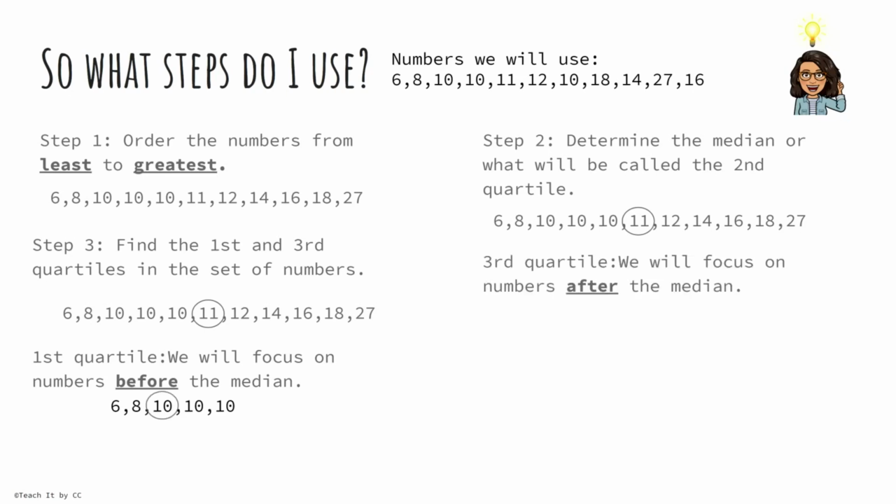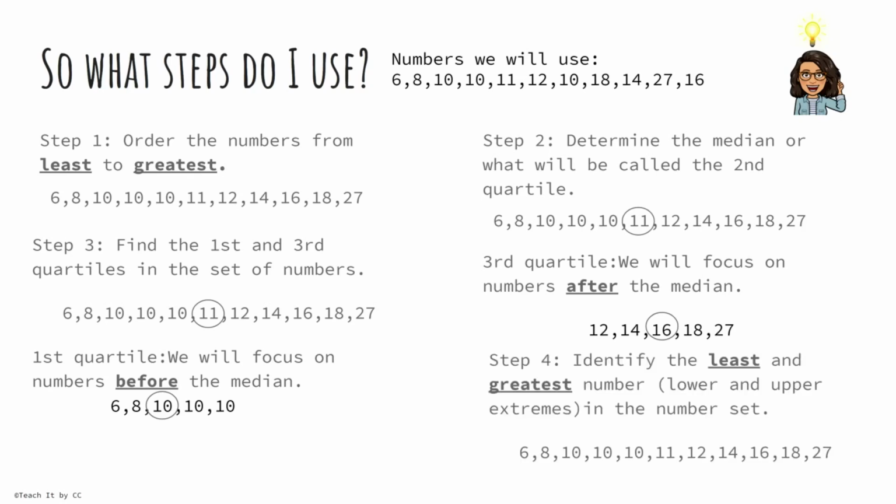To find that third quartile, we're going to now focus on the numbers after the median. So 12, 14, 16, 18, and 27. And we're going to again find the median in this set of numbers, which will be 16.